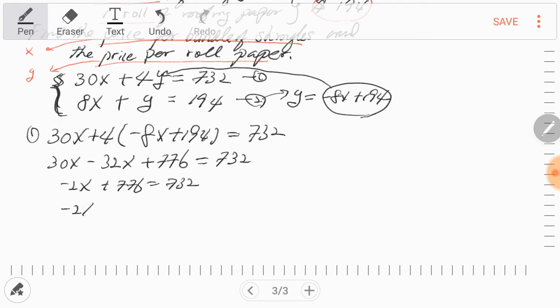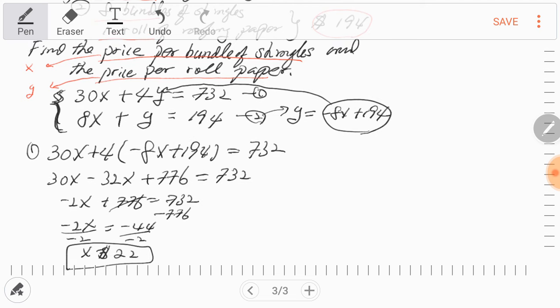Minus 776 on each side. Then negative 2x equals negative 44. Divide each side by negative 2. Then x equals 22. So 22 is the price of each bundle.